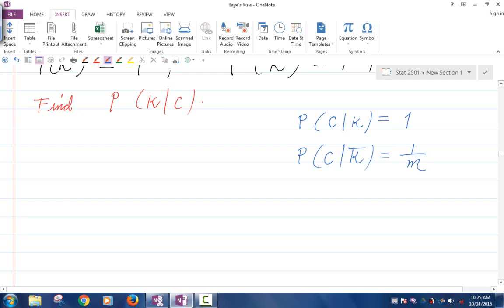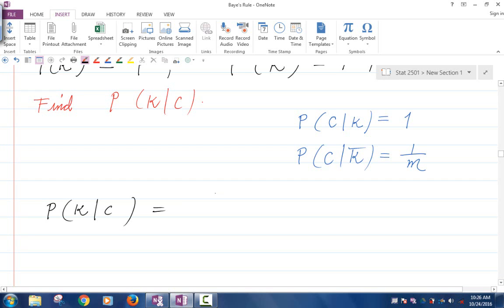Okay, so what rule should I be able to use here? The probability of K given C. I need to find K given C, but I know the probability of C given K, right? The opposite. So that's an indication that maybe I should be using Bayes' rule.